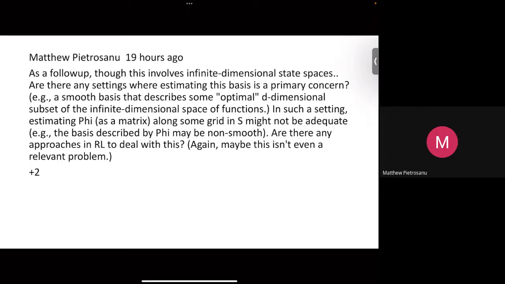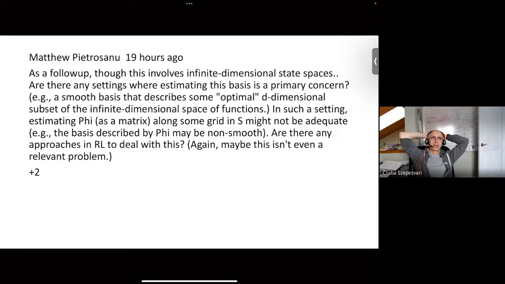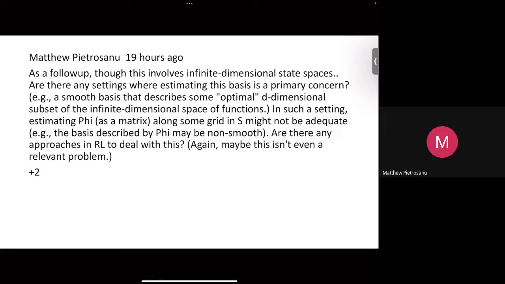Or I'm lost a little bit there. What matrix is being estimated? There's no estimation here. Yeah, so I believe in the lecture notes it said we assume that the basis is given, or these feature vectors are given.